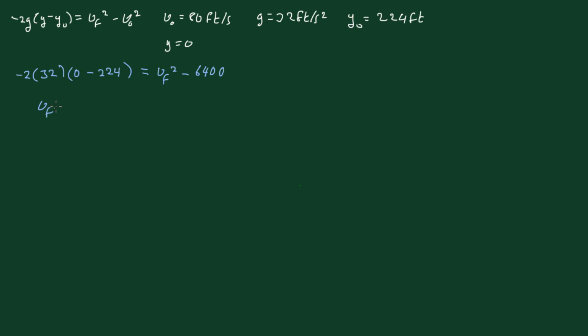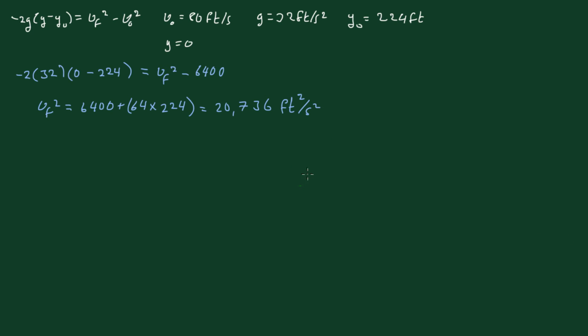We're going to have v sub f squared equal to 6,400. And here the two negatives multiply out to become a positive, so we're going to have a plus 2 times 32 gives us 64, and then 64 multiplied by 224. This gives us 20,736. And since we have velocity squared here, this is going to be feet squared per second squared.